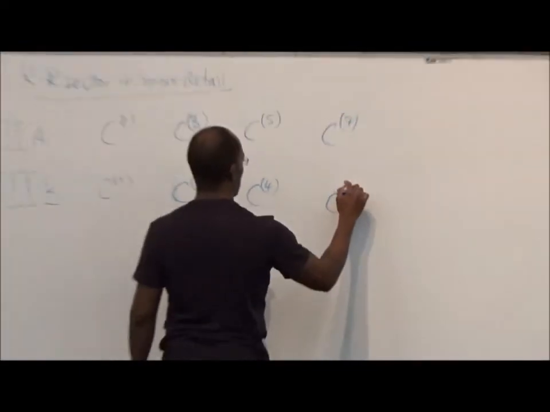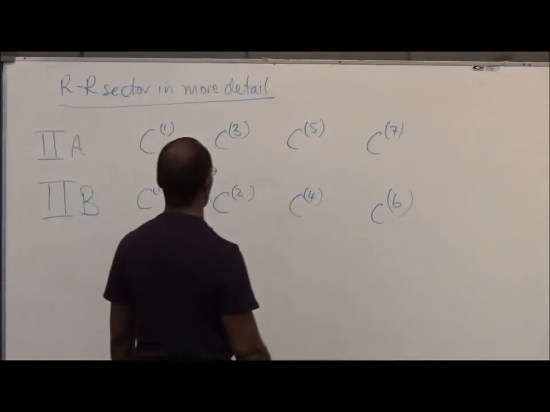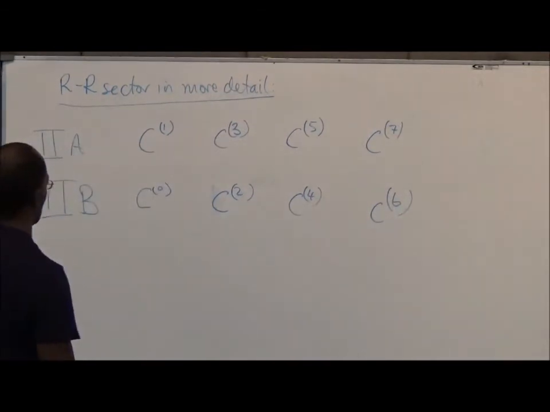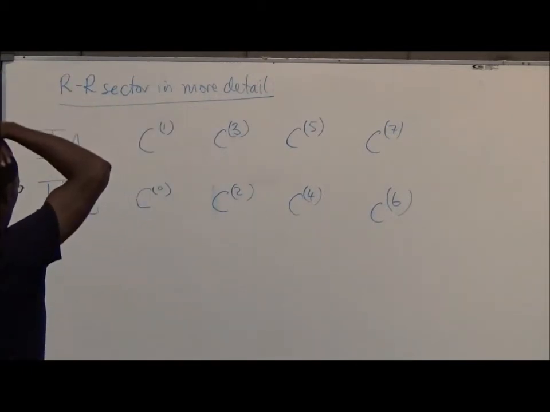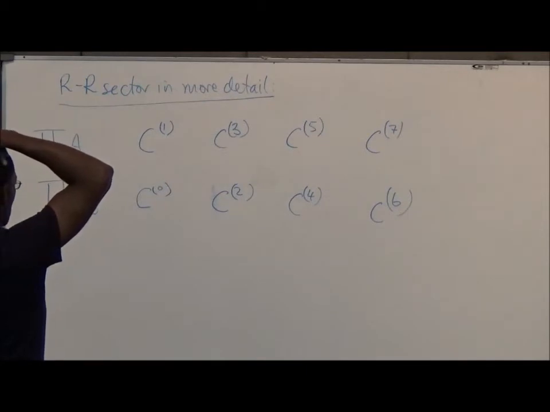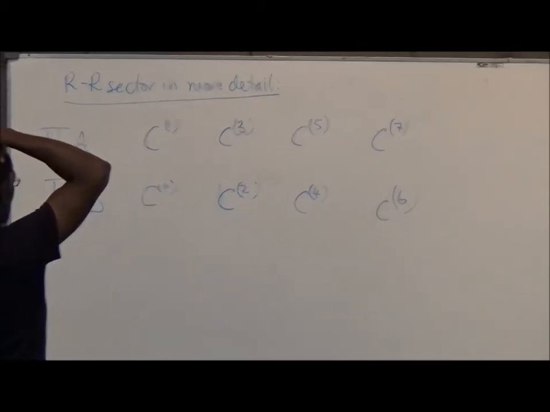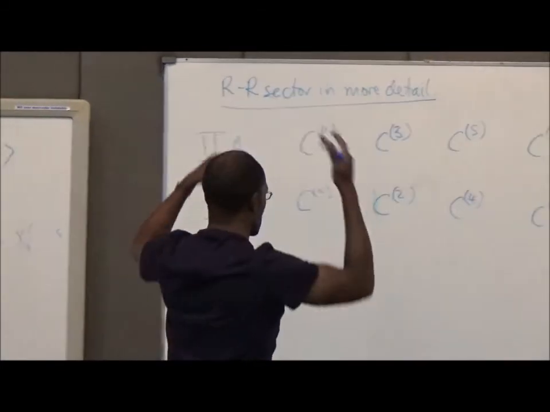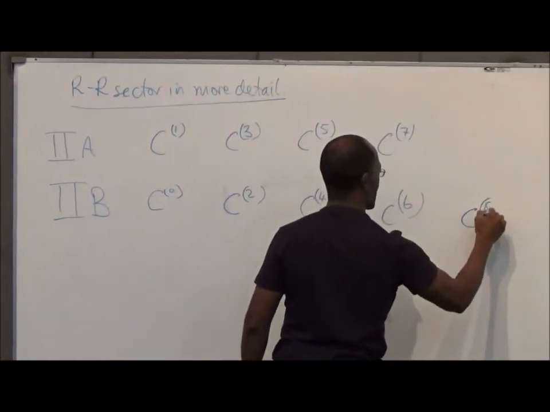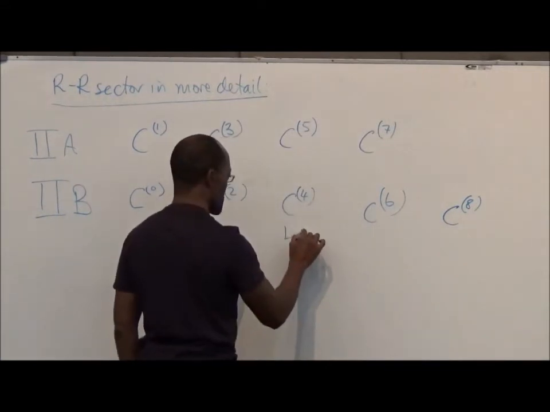Did I do that right? Sorry, I'm just going crazy there for a moment. Oh no, this is right. I'm just missing that. This guy turns out to be self-dual.